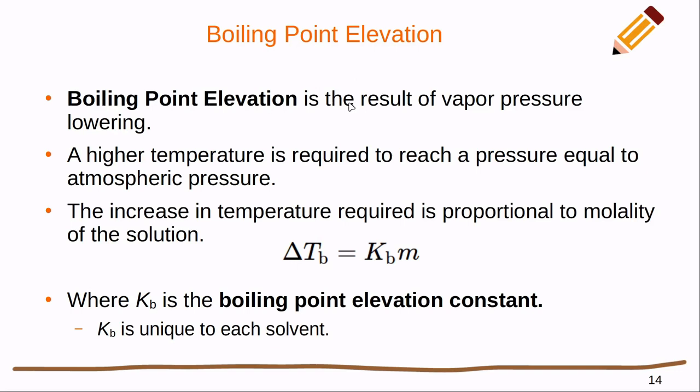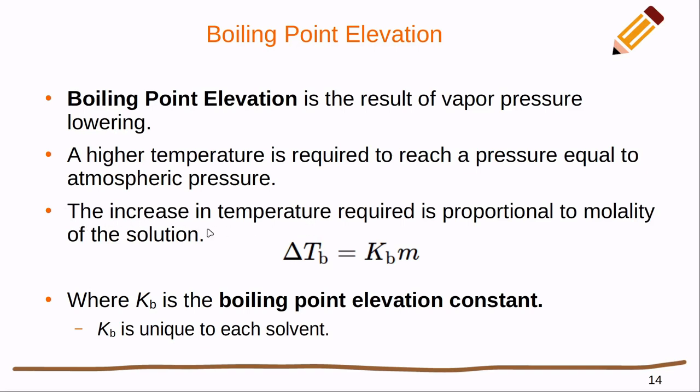So if adding a solute lowers our vapor pressure, it also increases the temperature required to get the vapor pressure to equal the atmospheric pressure. I'm going to have to add more heat, heat it up and get it hotter, in order for that vapor pressure to equal the atmospheric pressure.